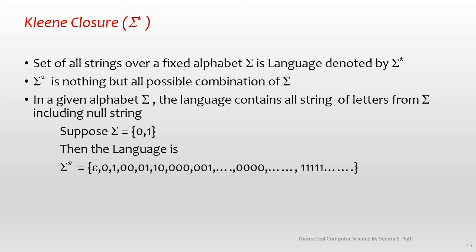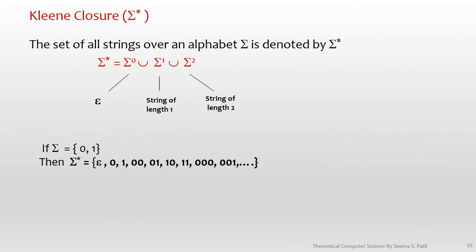Suppose sigma equal to {0, 1}, then we can write the language sigma star equal to {epsilon, 0, 1, 00, 01, ...}, all the possible combinations of 0, 1. Here the concept of Kleene closure is explained.